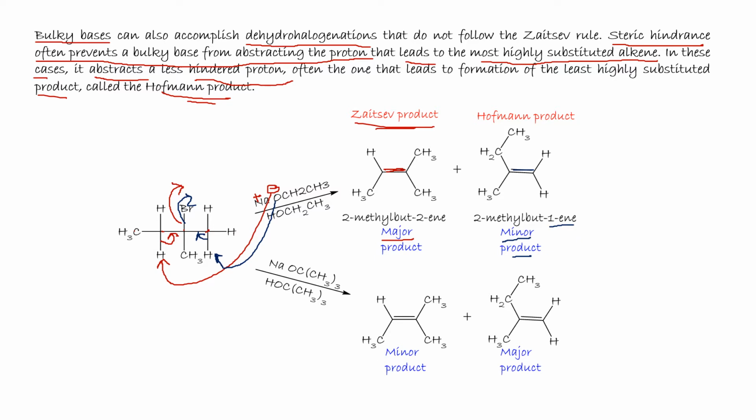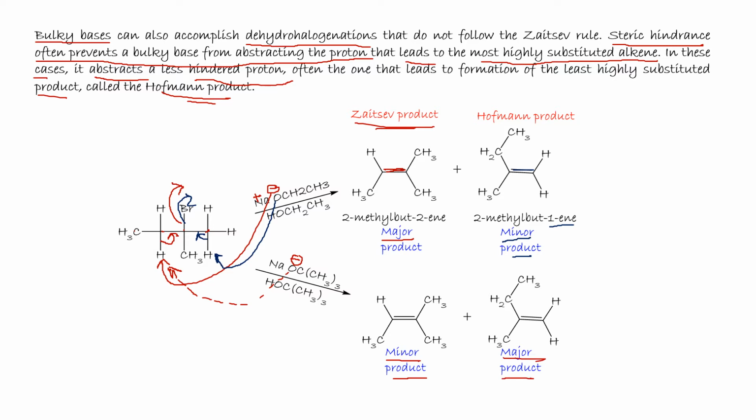Let us now try the tertiary butoxide, the bulky base. For the bulky base to abstract this hydrogen will be a little bit difficult because of the steric effect, and you will see that 2-methyl-2-butene is the minor product, while 2-methyl-1-butene will be the major product.